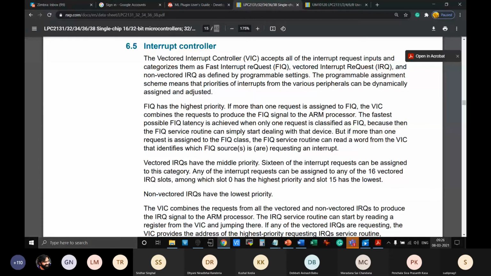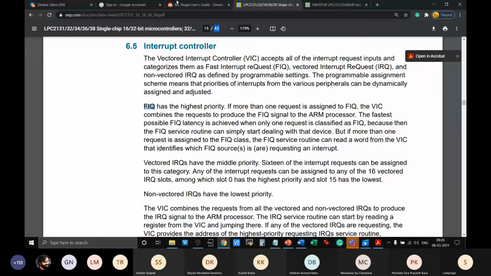Now those interrupts can be further categorized into different types, such as fast interrupts and normal interrupts. Like fast GPIO and normal GPIO, there is only a difference in latency and obviously some features. Full features are available if you are moving slowly, and a similar analogy applies to fast and normal interrupts.